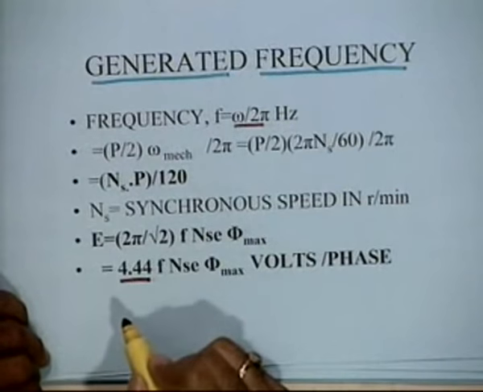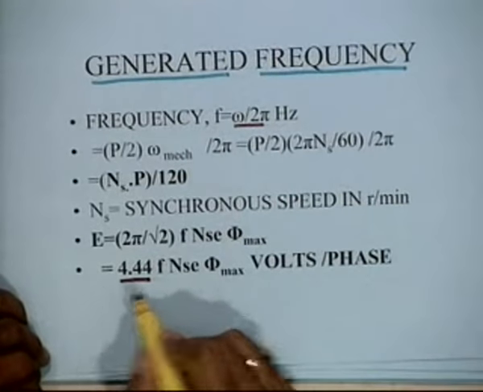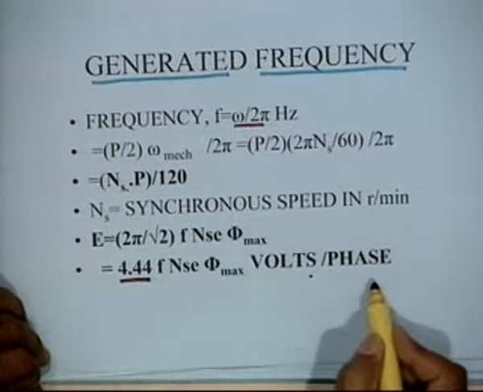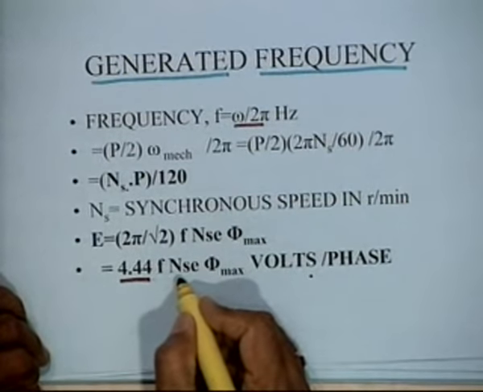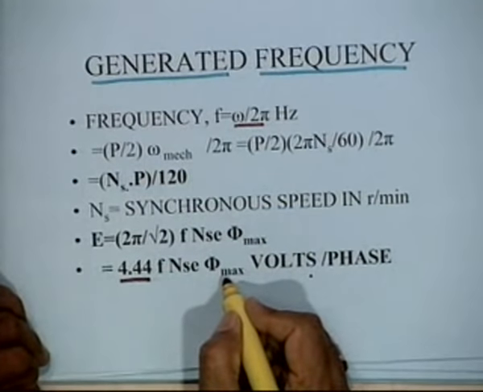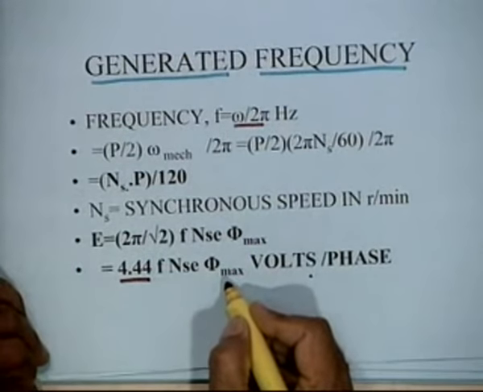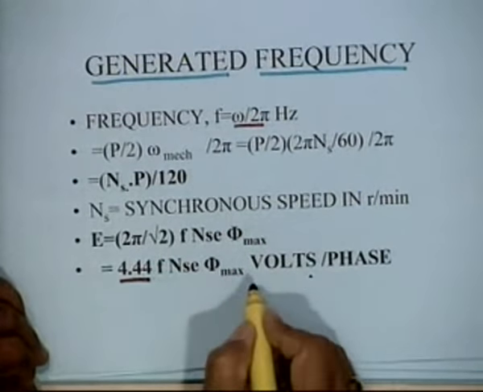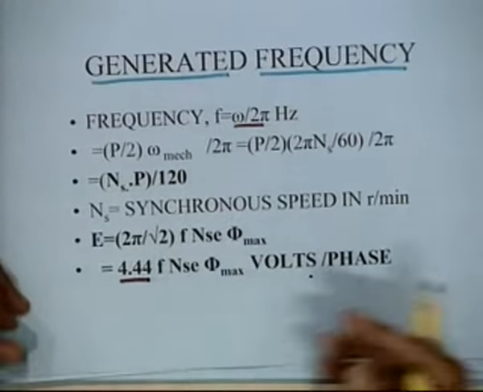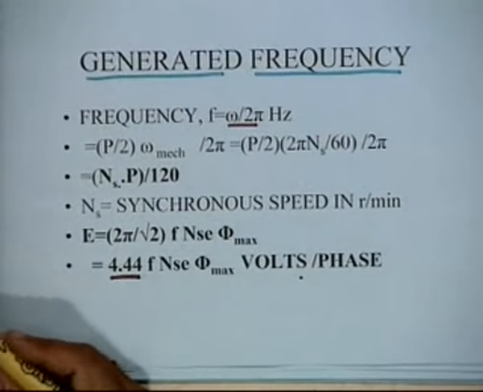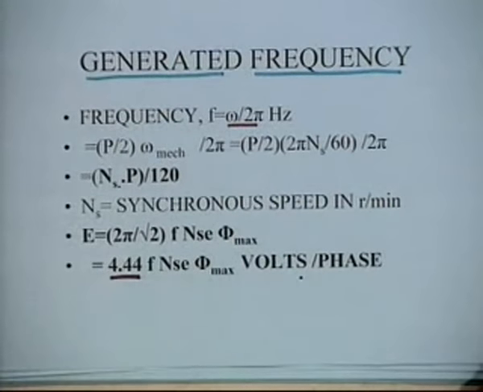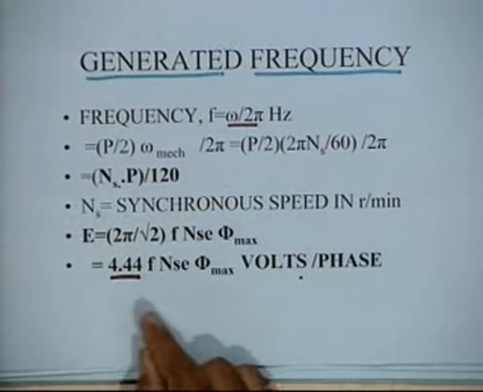So the induced RMS voltage per phase for a synchronous generator depends upon the frequency, the number of turns you put into the stator per phase, and the maximum flux or flux per pole, which can also be controlled by controlling the field winding current. So you must know physically what factors contribute to the generated voltage in a synchronous machine per phase.